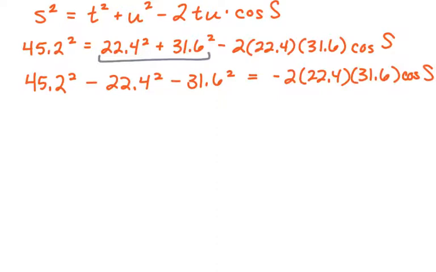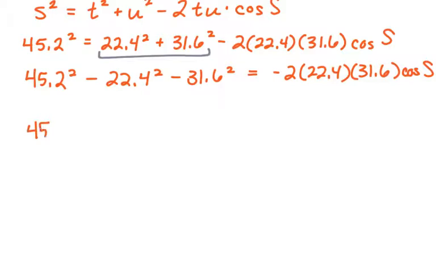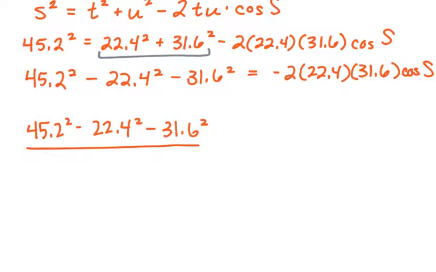Now, at this point, we would divide. So I have 45.2 squared minus 22.4 squared minus 31.6 squared, all of that divided by this coefficient, this number that we have in front of cosine S. So now we have -2 times 22.4 times 31.6.